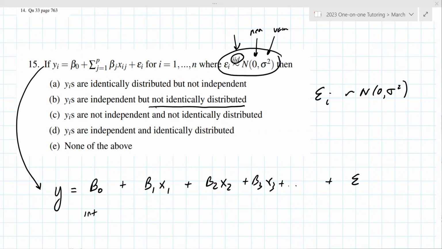Independent, identically distributed. For sure they're independent because if you're looking at a home, this is like square footage, this is, I don't know, number of bathrooms. And the distribution means that they all have different variances. For simplicity, like square footage, if you're in a 2,000 or 3,000 square foot home, the variances are going to be much larger than, say, number of bathrooms in the home, which is much smaller.